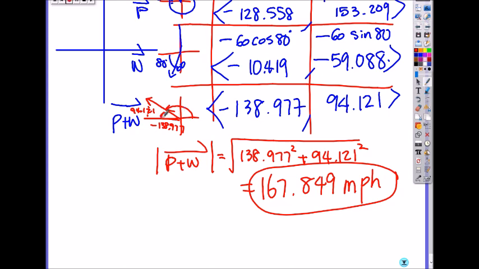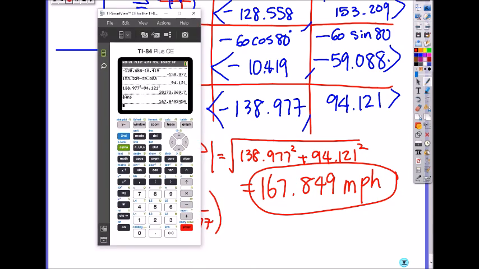It's always going to be arctangent of y over x. You can just put the positive values. So arctangent of 94.121 over 138.977 will be the theta here, this angle.